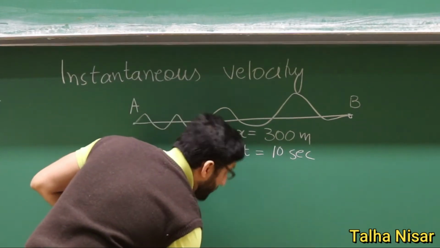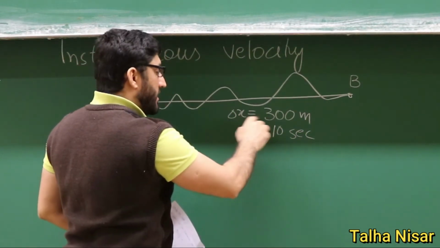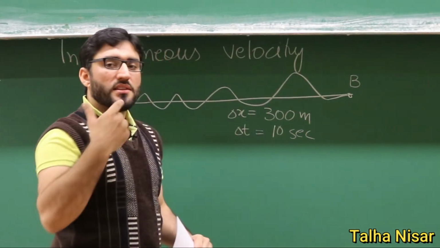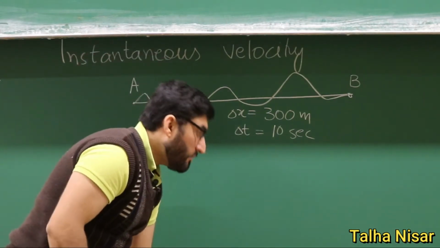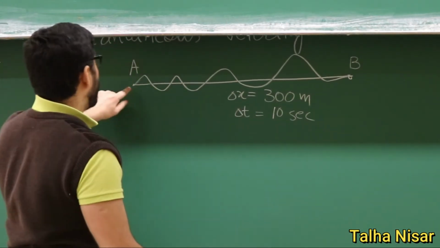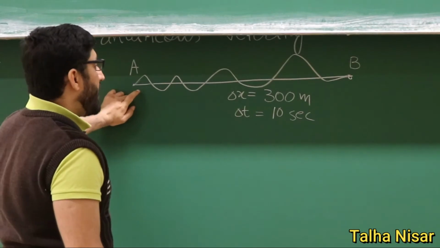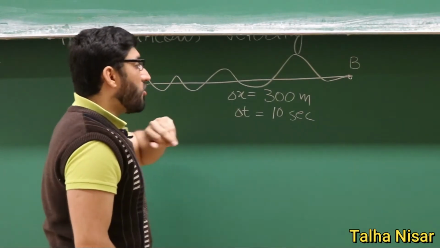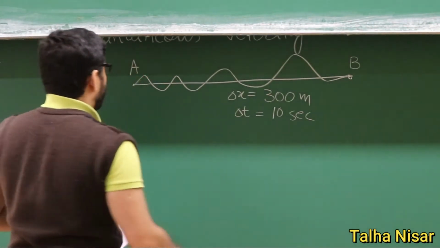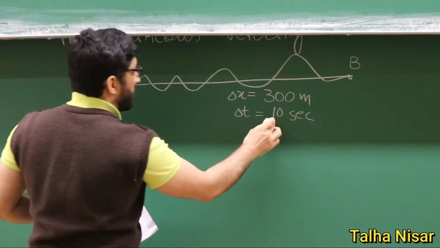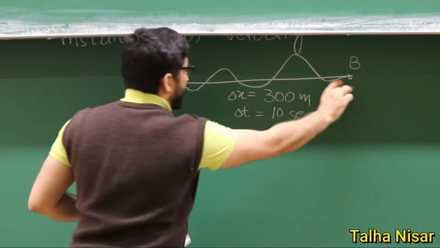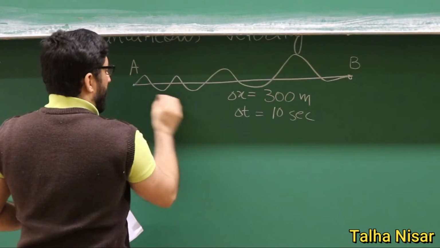For the average velocity, we just divide this displacement by time, and it gives us the average velocity. But if we want to know what's actually happening between these 2 points, we have to take a shorter time. For example, it took 10 seconds from here to here.